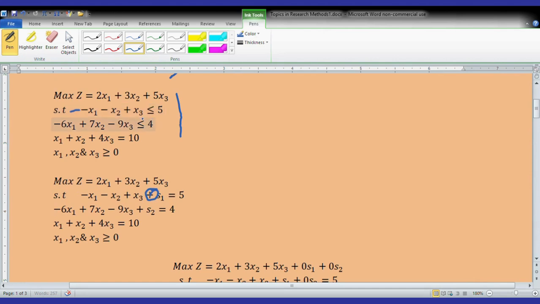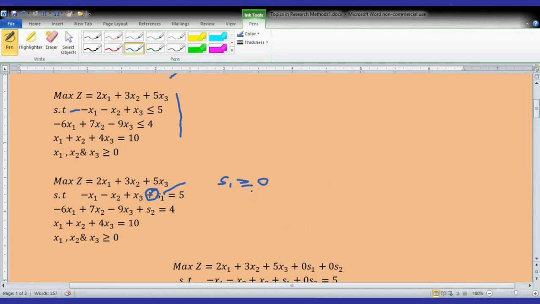We want to make sure that this is not happening, so this means that we have to add something, and so we have added s1 here in this equation, so that s1 must be greater than or equal to 0. And if this was originally an equality, then s1 will be equal to 0, but whenever the left side is less than the right, s1 will be greater than 0.